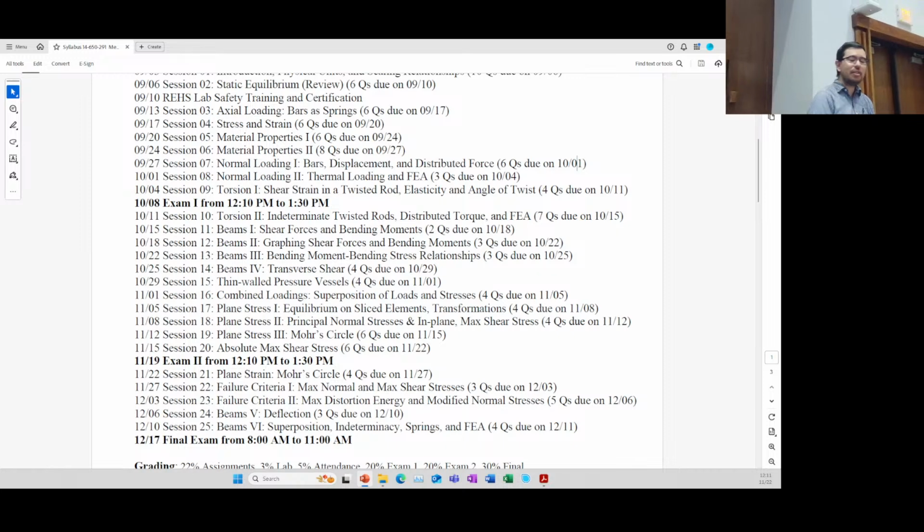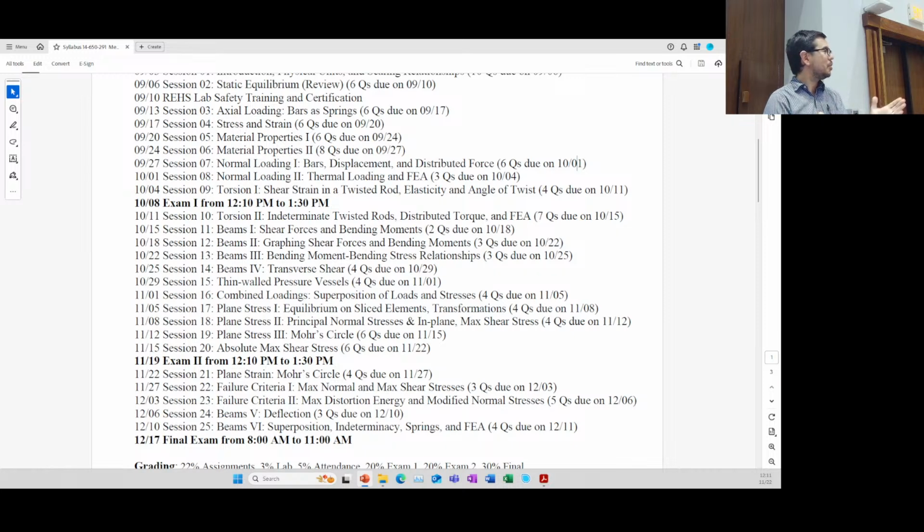Criteria, failure criteria, which will essentially tie a lot of what we've been discussing in terms of transformations, in terms of combined loading, in terms of different structures, in terms of material properties, all together to be able to determine whether or not something will fail. So that's what we'll do in the next week, the next couple sessions.